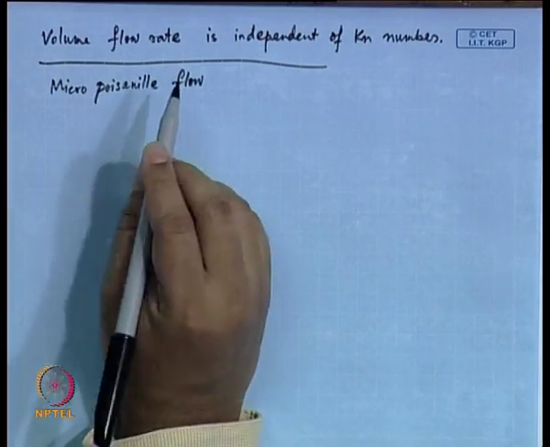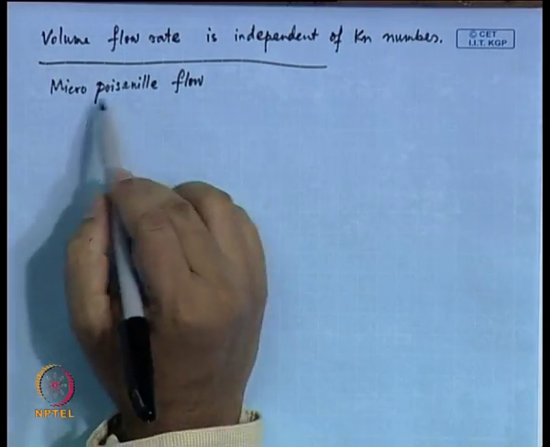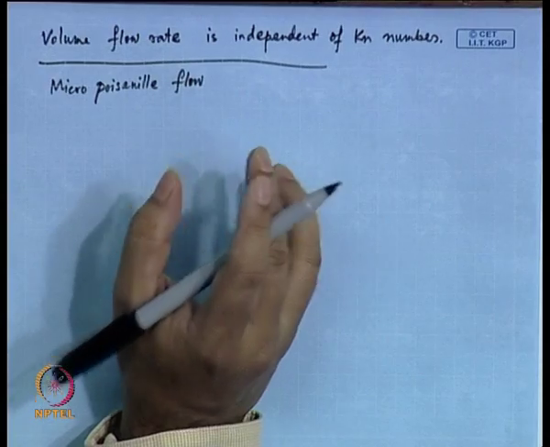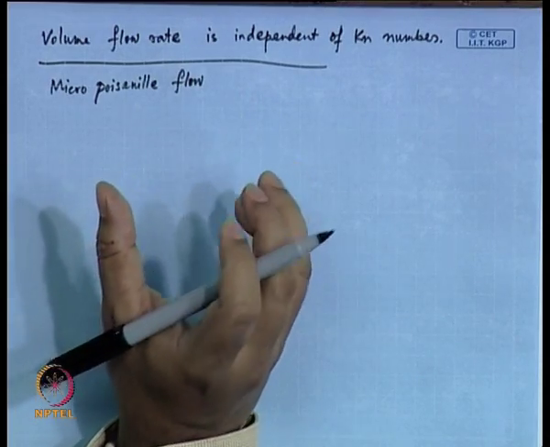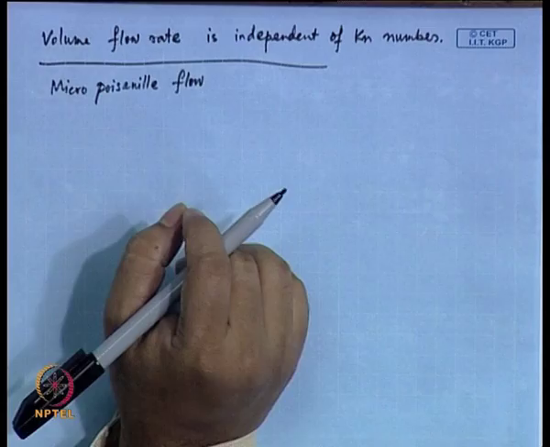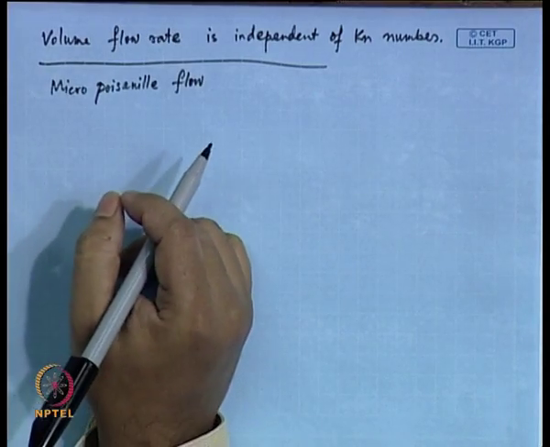Now, this micro-Poiseuille flow: if somebody wants to solve the same thing that you have done here for micro-Couette flow, but for a flow through a tube, a flow through a capillary, and instead of no slip you want slip boundary condition, then what kind of expressions do you end up with?